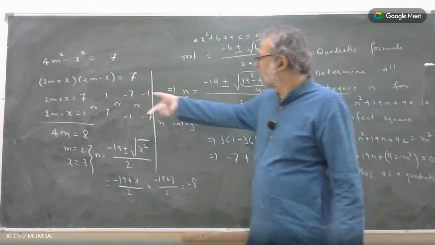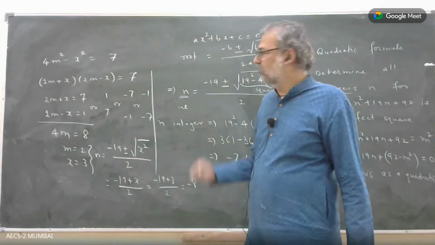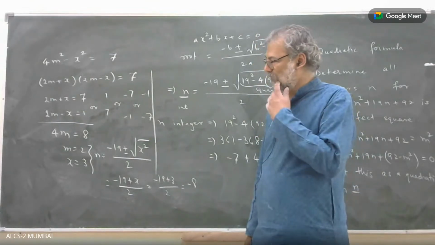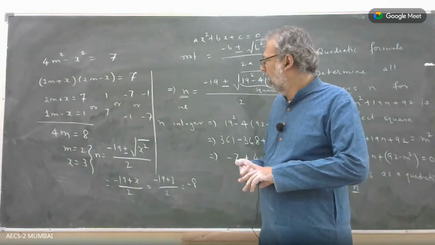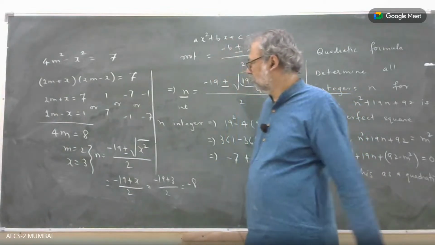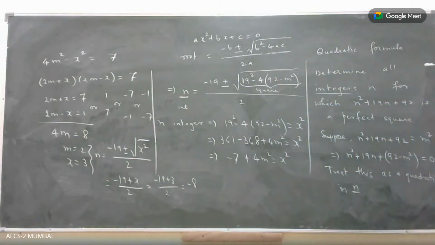So you can find similarly the other case. This is 1, this is 7, and check what you get. It's a quadratic, there will be two solutions. Let me take the second one.